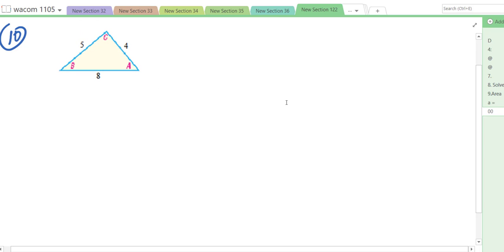Okay, so they are giving you side, side, side. 3 sides, so you will need Heron's formula. The directions are going to say find the area.